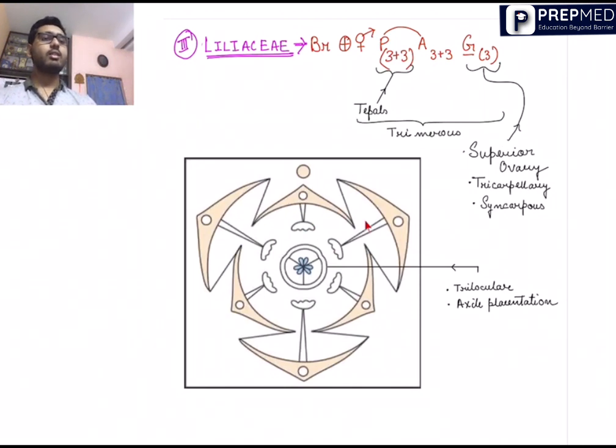Liliaceae looks the most different from all 3 of them, and it's bracteate, it has radial symmetry, it's bisexual, perianth, then 3 plus 3, so it's tepals. Androecium again 3 plus 3, so total 6. Gynoecium, it has 3 locules, 1, 2, 3, so it's trilocular, and axile placentation.